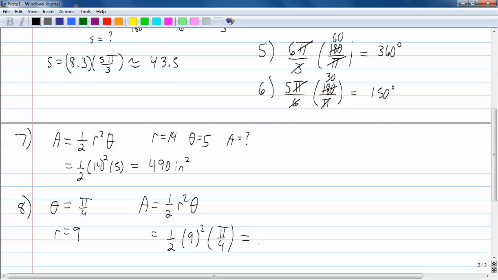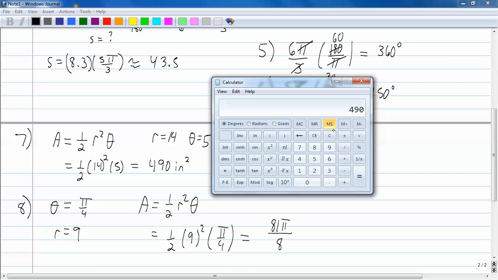Alright, so that's going to be 81 times 1 times pi. So that's 81 pi divided by 2 times 1 times 4. That's 8. Again, I would use the pi button if you have one on your calculator. 81 times pi divided by 8.